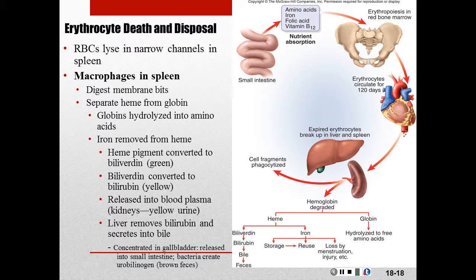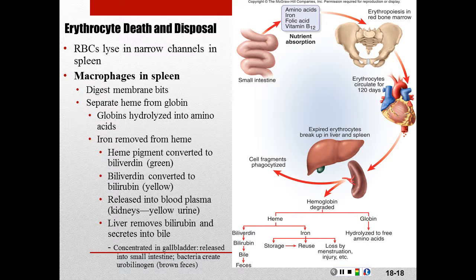The bacteria in the small intestine play a good role. They help to break down the bilirubin into urobilinogen, which has a brown color.